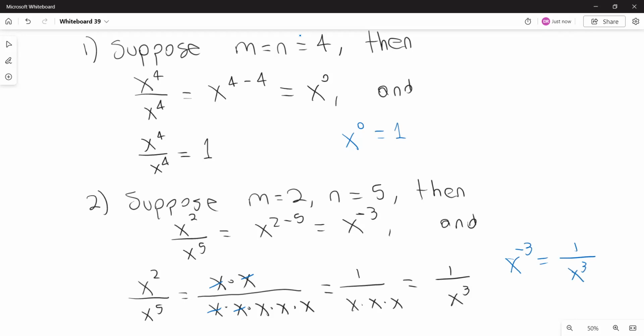So a negative exponent indicates a reciprocal, and a non-zero number raised to the 0 power is 1. 0 raised to the 0 power is undefined. We're not going to get there, but just for you to know that 0 to the 0 is undefined.